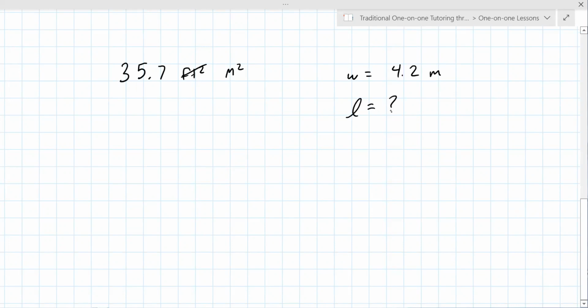Okay, very good. So step 1, based on what your instructors want. Do you remember what step 1 is? Step 1 is to state what you're trying to find. What is the length of the bedroom?